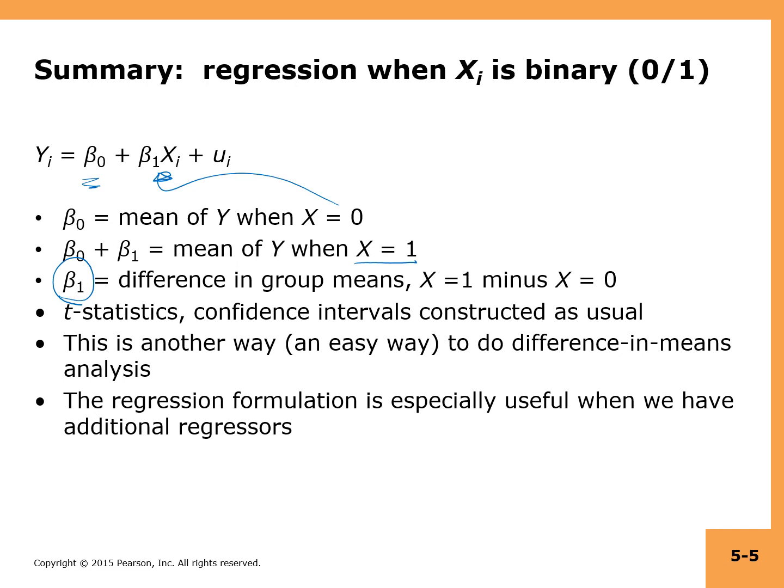The t-statistics and confidence intervals are constructed as usual, and using a dummy variable is an easy way to do differences-in-means analysis. This dummy variable regression model becomes especially useful when you have other additional regressors.